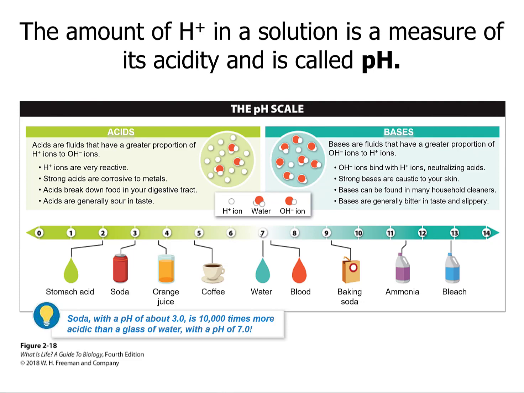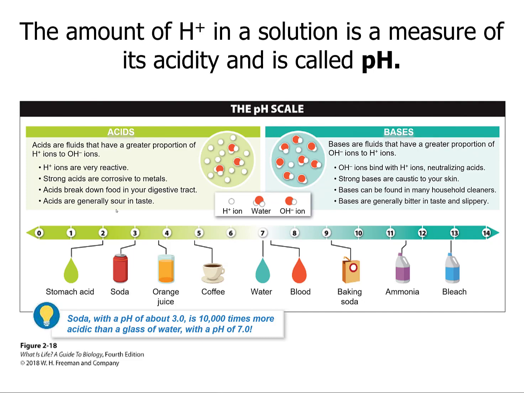And as the concentration of the hydrogen ion increases, or the percentage of hydroxide, the OH ion, decreases, the lower the pH, down to 0. Now, stomach acid is around 2 something, 2.3 or so. The hydrogen ions are very reactive. Strong acids are corrosive. Acids break down food in your digestive tract, so that's why that is what it is.